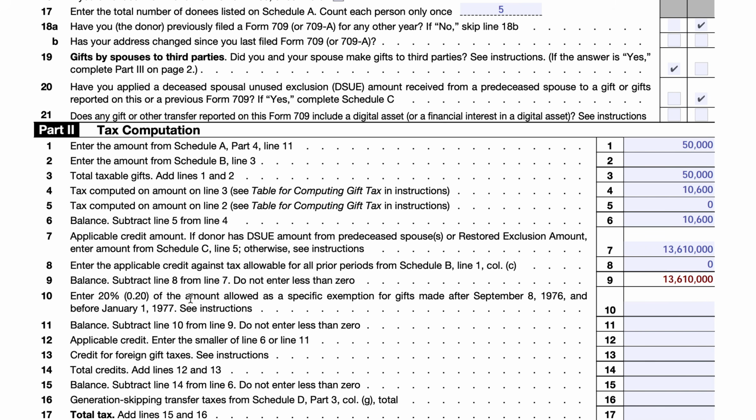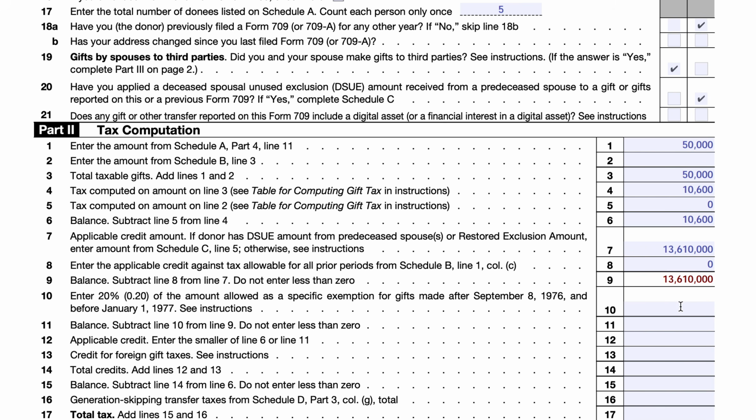Line 10 only applies if you made certain gifts during this little loophole in time in the tax code that occurred between September 8th, 1976 and January 1st, 1977. There's a specific exemption for gifts made during that time frame.